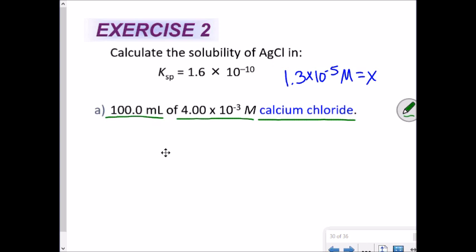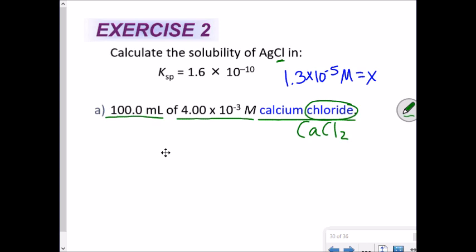First of all, I need to look at my calcium chloride. What's the common ion? Chloride is my common ion. That's the common part. And how much of the chloride is in that particular compound? Calcium chloride is going to be CaCl2.